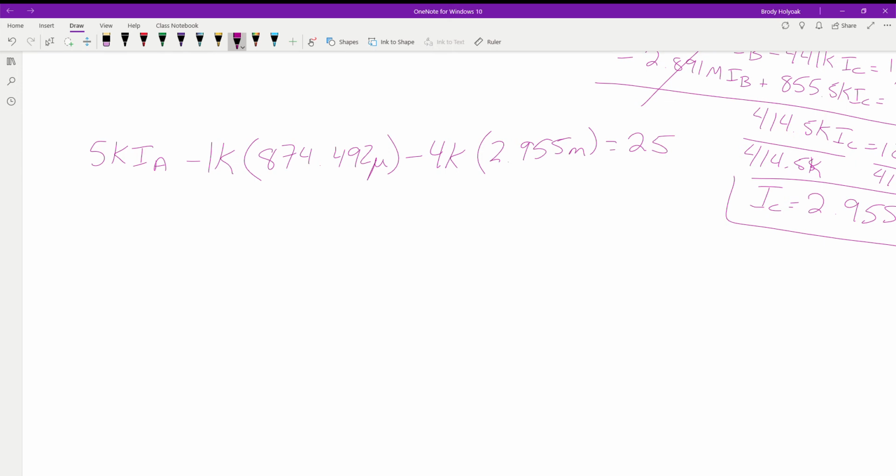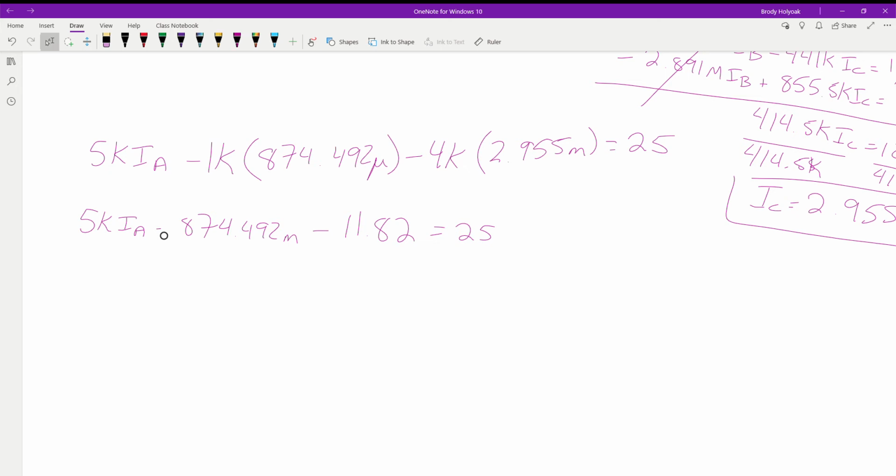And so what we get here is 5K times IA minus 874.492 milli minus 11.82 equal to 25. We add these two together because they're both negative, and then we get that total value.